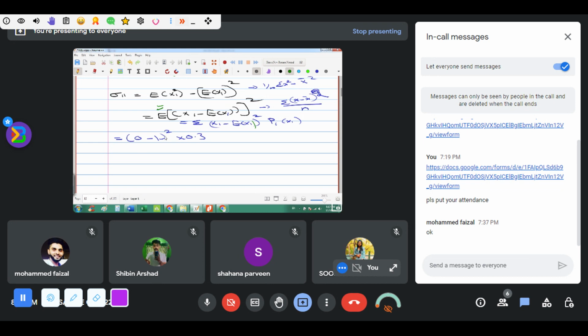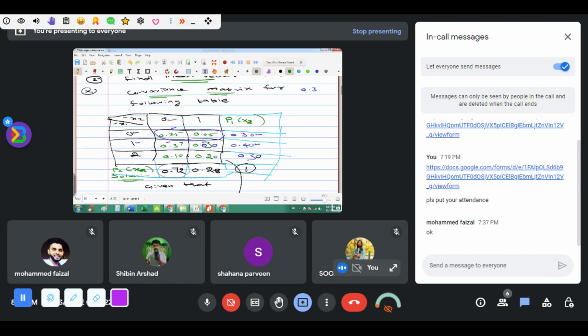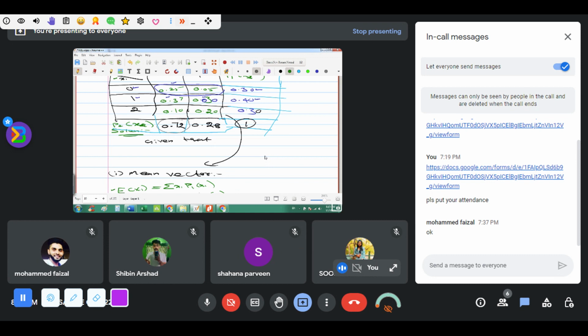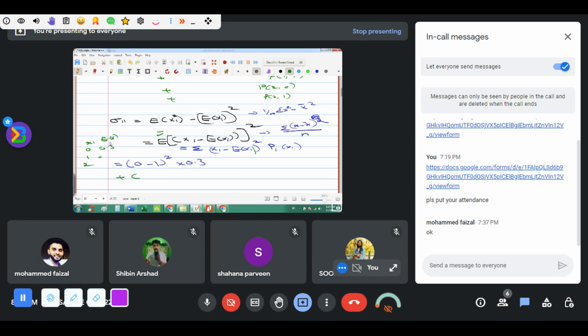0 minus 1, whole squared, into 0.3. So what is the next calculation? Plus the next x1 value, because x1 varies over 0, 1, 2. The corresponding probability values are 0.3, 0.4, 0.3.